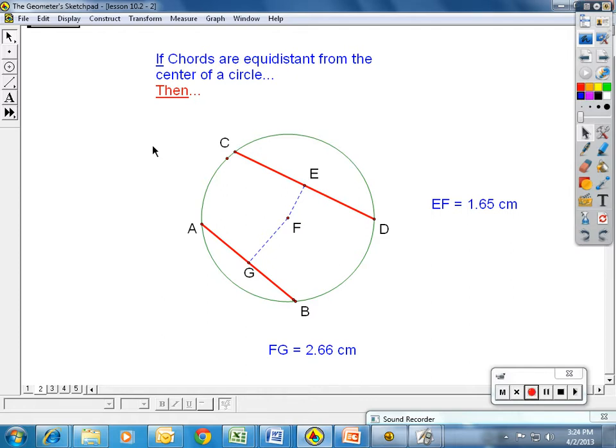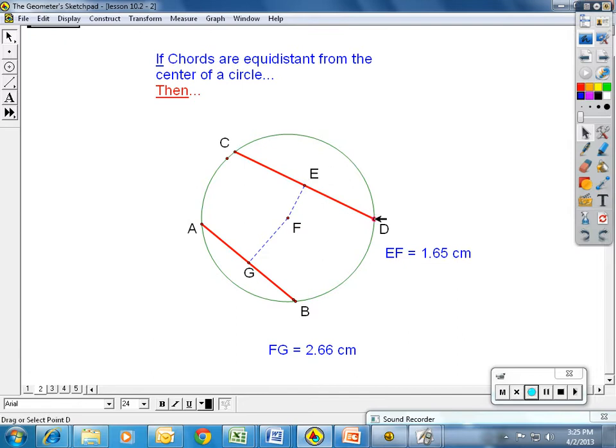Well, here I've got my distances, again, perpendicular distances. That's always what we're talking about. EF is 1.65, and this distance here, FG, is 2.66. Notice they are not the same. We would say that these two chords are not equidistant from the center. Let's make them equidistant.